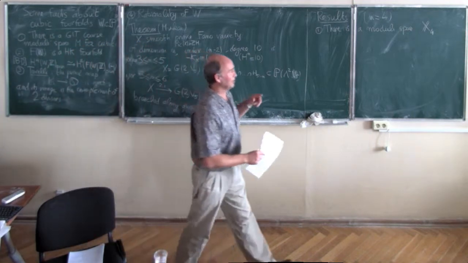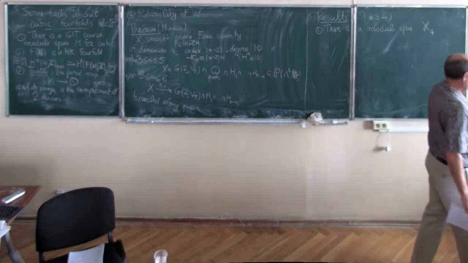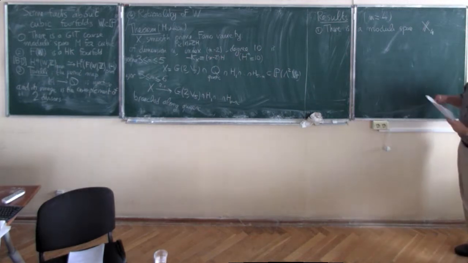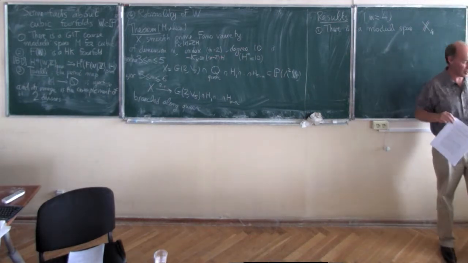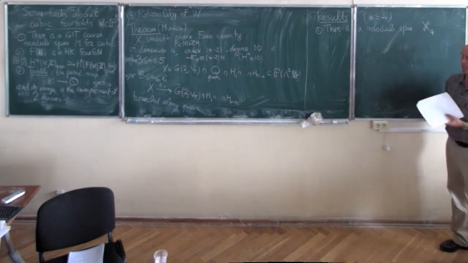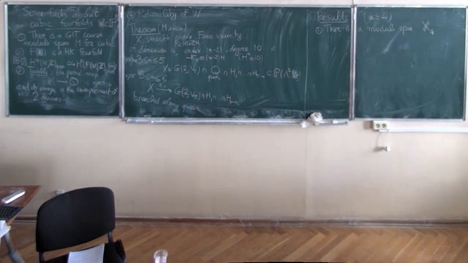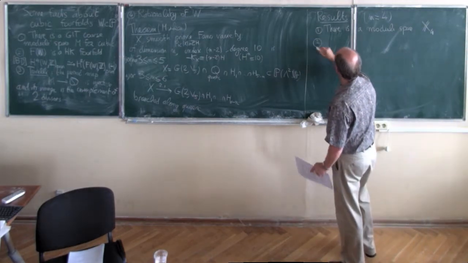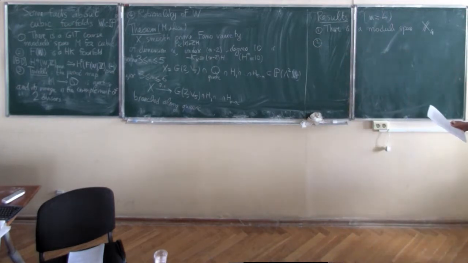So this is not as easy as it seems, because somehow it doesn't seem possible to express X4 directly. I mean, it is possible to express X4 as a quotient, but either it's a quotient by a non-reductive group or it's a quotient by a reductive group, and then we don't know how to prove that smooth fourfolds correspond to semi-stable points. Okay. So we do it in some other way, which will be clear during the rest of the talk.